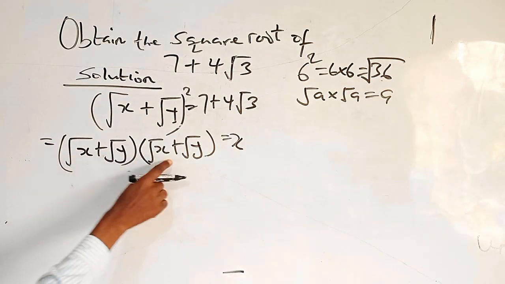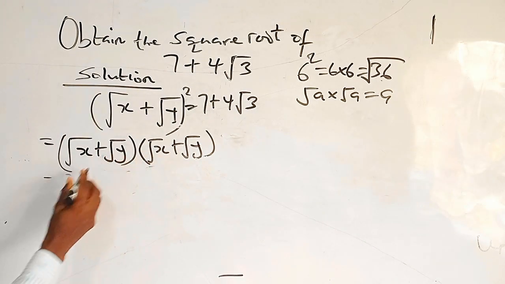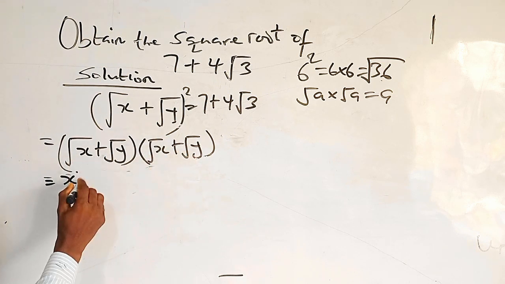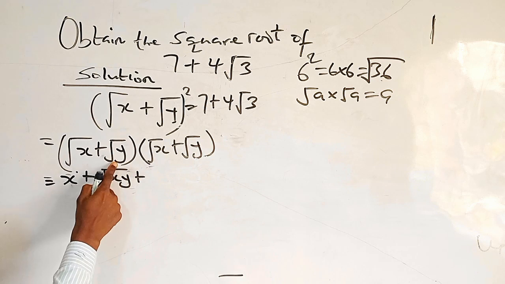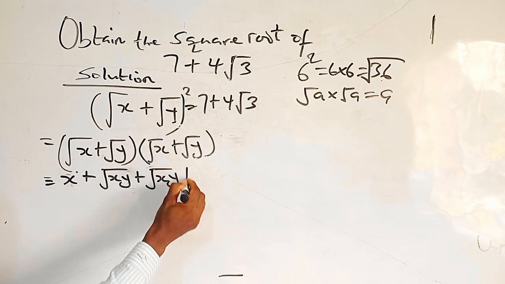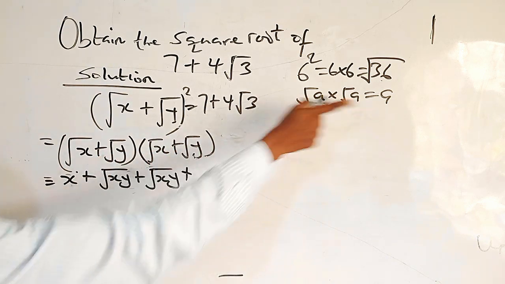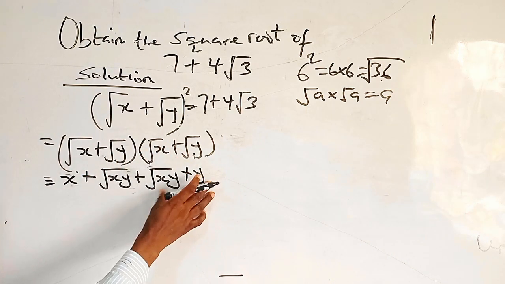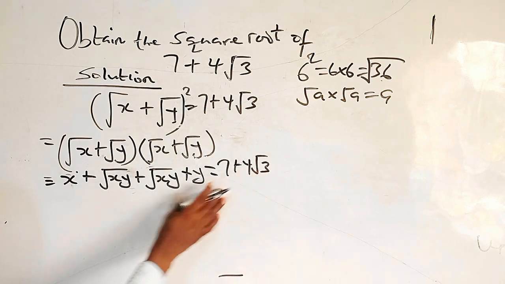So root x times root x gives x, root x times root y gives root xy, root y times root x gives root xy, and root y times root y gives y, equals 7 plus 4 root 3.